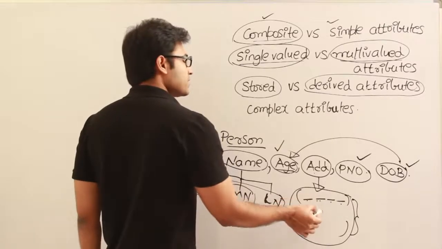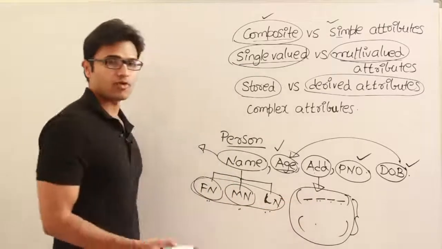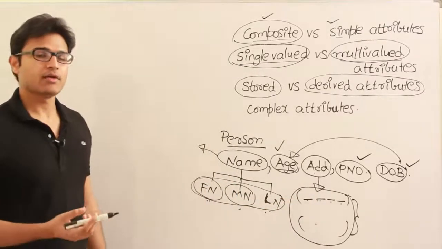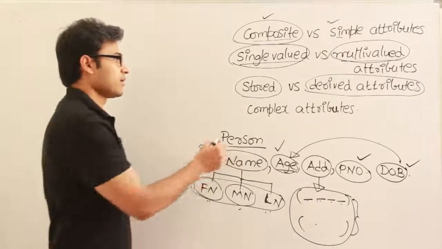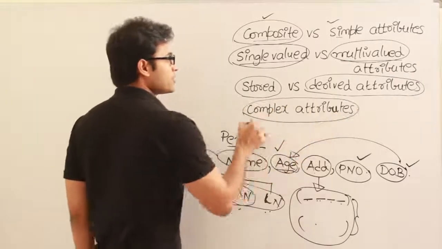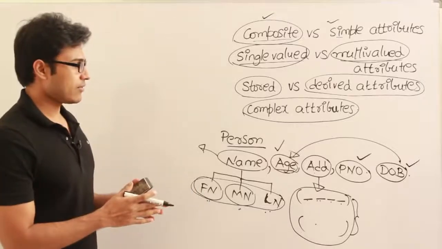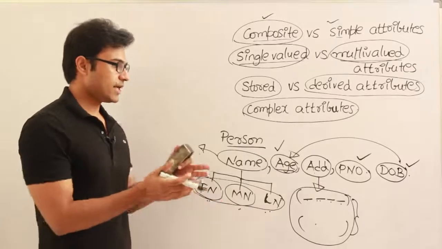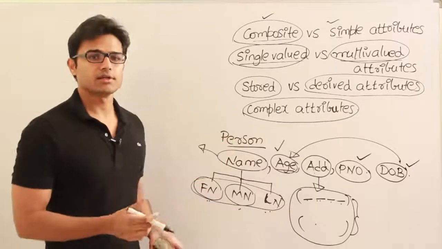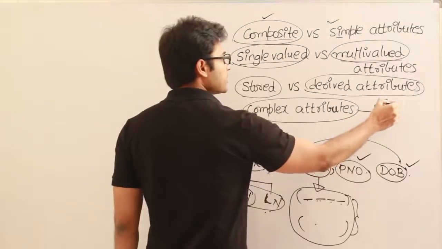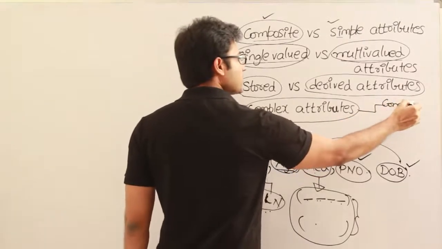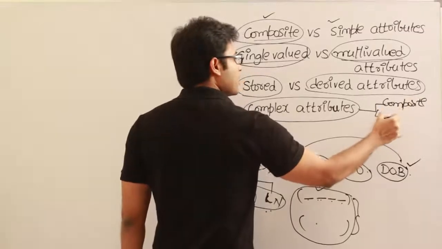Such an attribute, which is a combination of composite and multi-valued, is called a complex attribute. Complex attribute means it has many fields as well as many values. So composite means a collection of fields, and complex means a collection of composite and multi-valued.